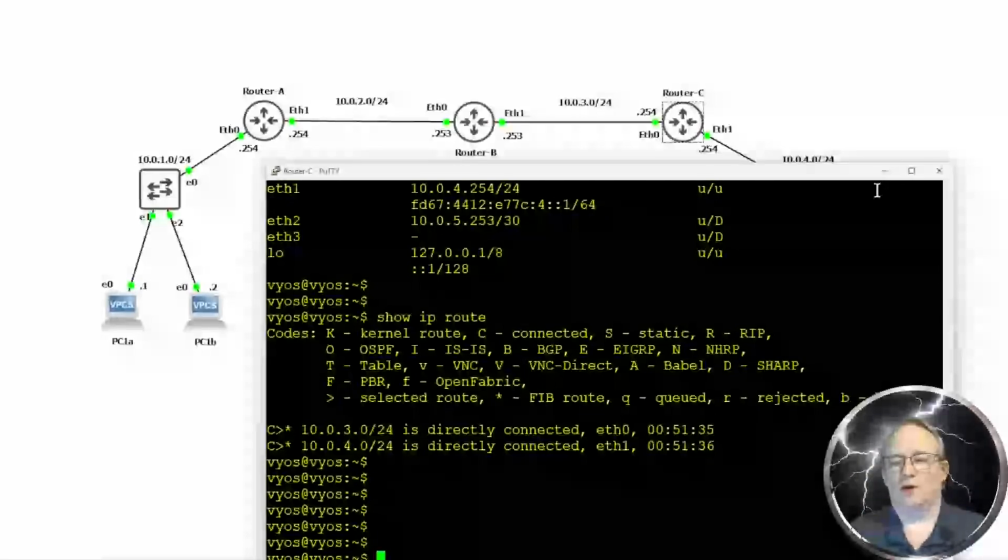But here's how it works. In the case of all of the routes that I've put in, they've all been 24-bit prefixes. That means that they're all matching 24 bits, or the first 3 octets. If there were ones that were other matches, then it would have to decide. So say there was another entry in there that said 10.0.0.0/16. So it would be a 16-bit match.